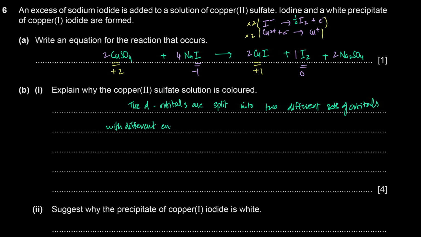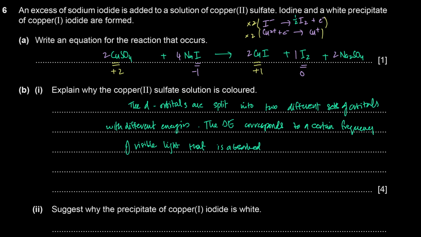And the difference in energy, we just call that delta E, corresponds to a certain frequency of visible light that is absorbed, resulting in the promotion or excitation of the electron from lower energy d orbitals to higher energy d orbitals.